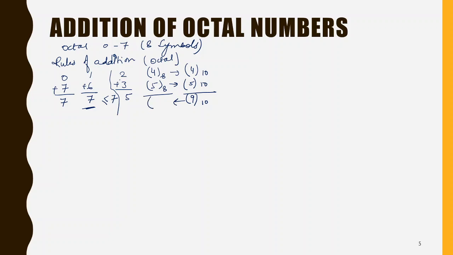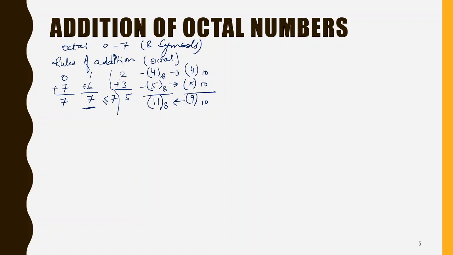In octal, we would write 8 and 1, so 11 in octal is equivalent to 9 in decimal. So if I add 4 in octal with 5 in octal, the result would be 11 in octal. It is not 9, because 9 is not an octal digit. 9 is in decimal, so you have to convert it into octal.